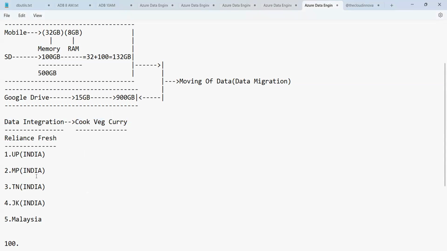But before that, guys, can you see here? These are all vegetables. And this store is in Hyderabad, let us say.